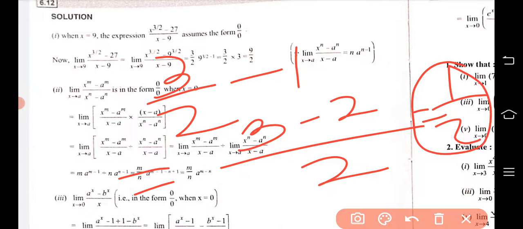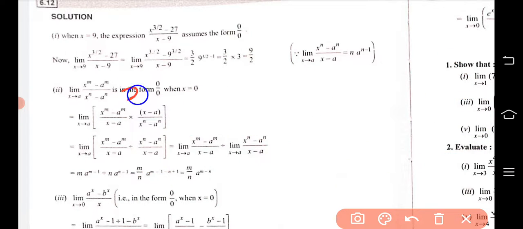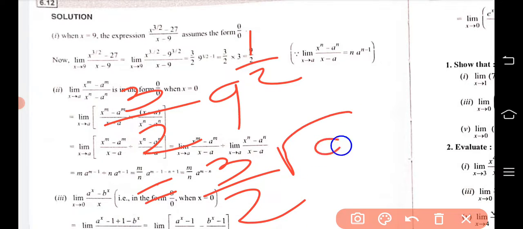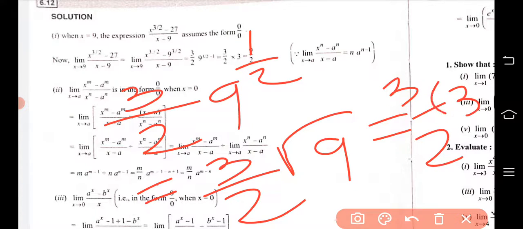Clear? So what we got is 3 by 2 times 9 to the power 1 by 2, which is 3 by 2 times the square root of 9, which is 3 by 2 into 3.